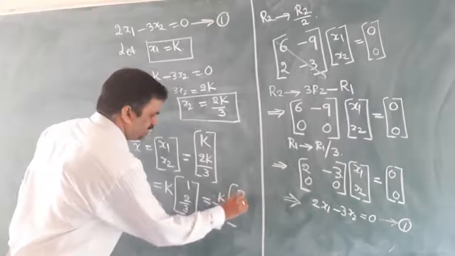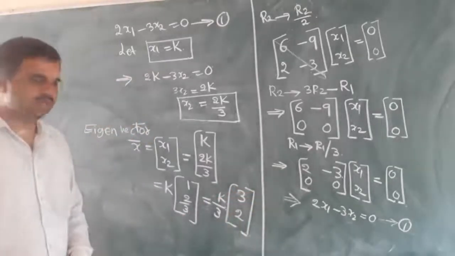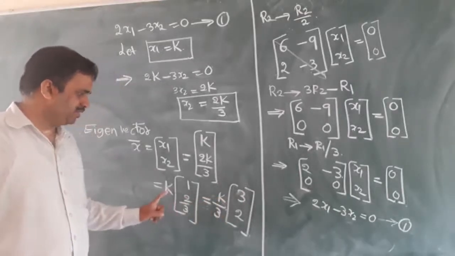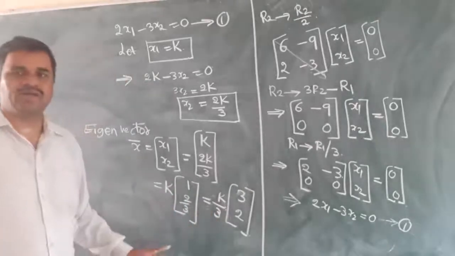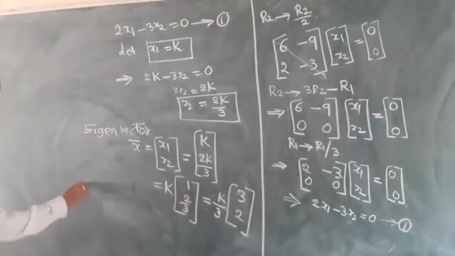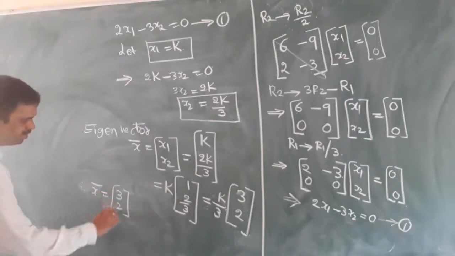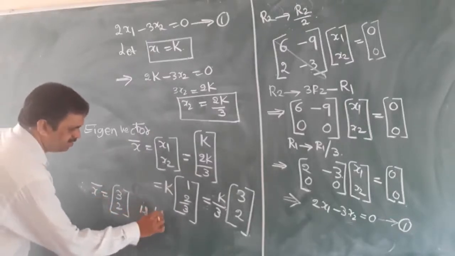So you will get 3 and 2. If any doubt is there, multiply it once. k by 3 into 3, the 3 cancels, you get k only. k by 3 into 2 is 2k by 3. Correct. So the eigenvector x bar is 3, 2. Therefore, x bar equal to 3, 2 is the eigenvector.